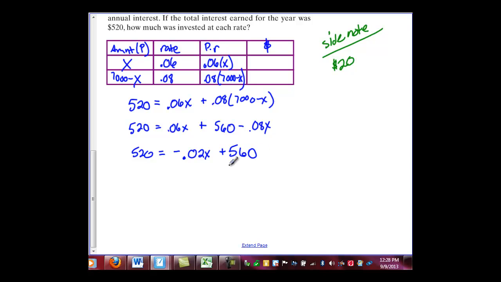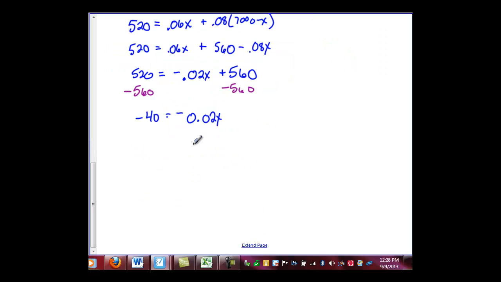And then we subtract 560 from both sides. So we're going to get negative 40 equals negative, and technically 0.02x. Those are equivalent. I can't remember if my math lab's a stickler about putting that 0 first or not. All right, and then just divide.